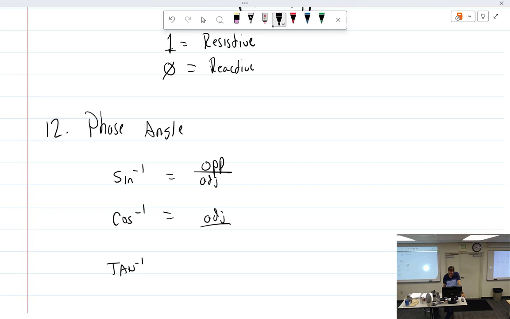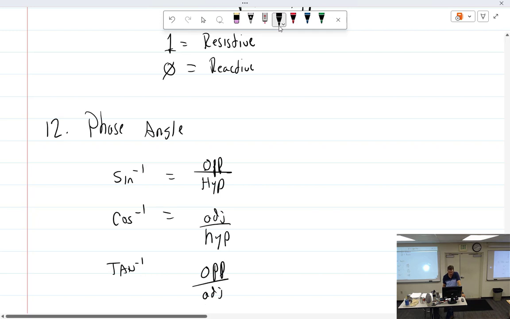Looking at the notes: sine is opposite over hypotenuse, cosine is adjacent over hypotenuse, and tangent is opposite over adjacent.